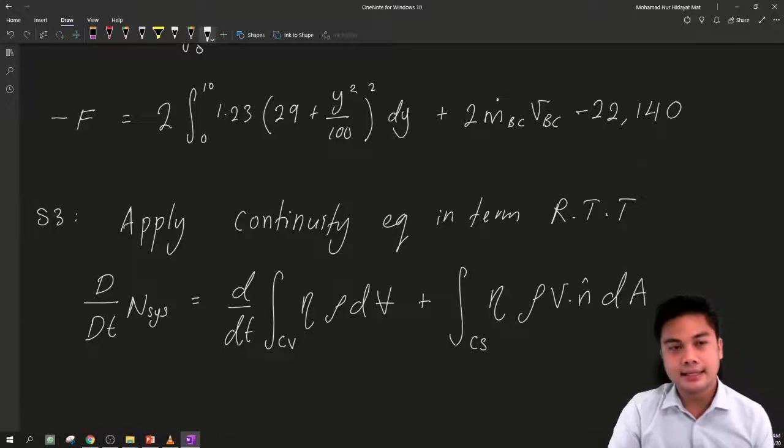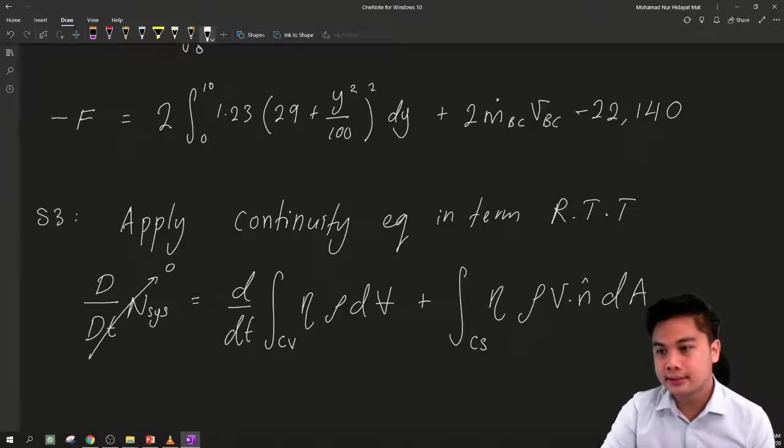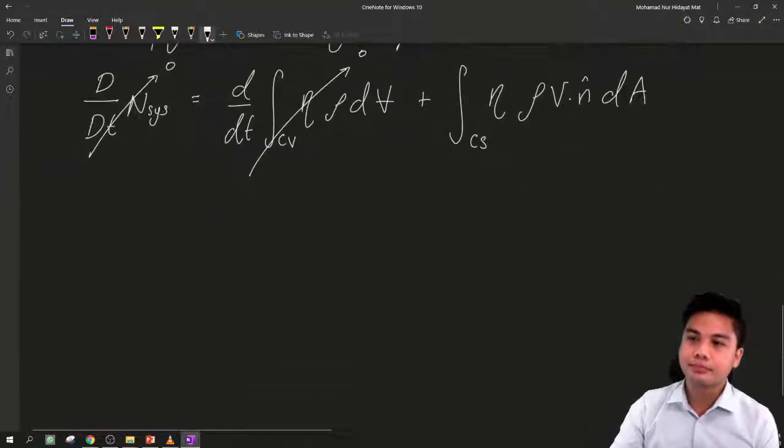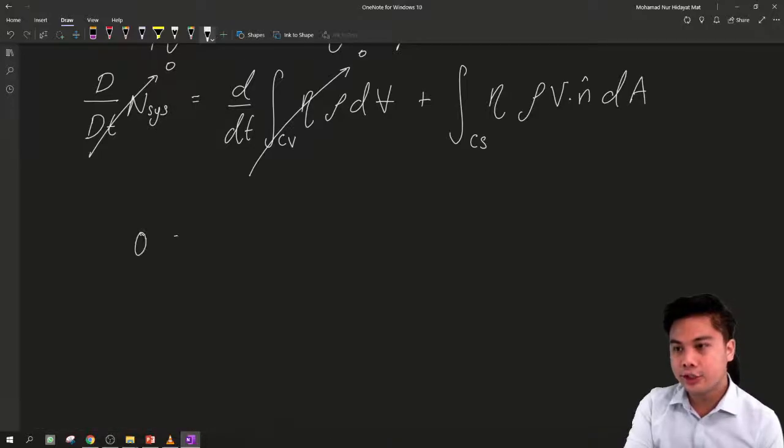Consider this under steady state. We remove anything related to time, so we can cancel this to 0 and cancel this to 0. So we are left with 0 equal to integration of the control surface, intensive property.